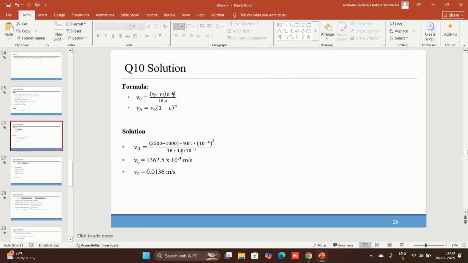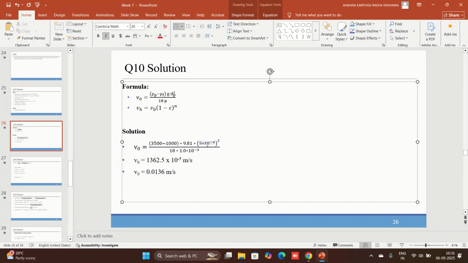In that case, 2500 into 9.81 into 5 into 10 power minus 5 into 5 into 10 power minus 5 divided by 18 divided by 10 power minus 3. I'll go straight away, 1.09 into 10 power minus 6 meter per second.